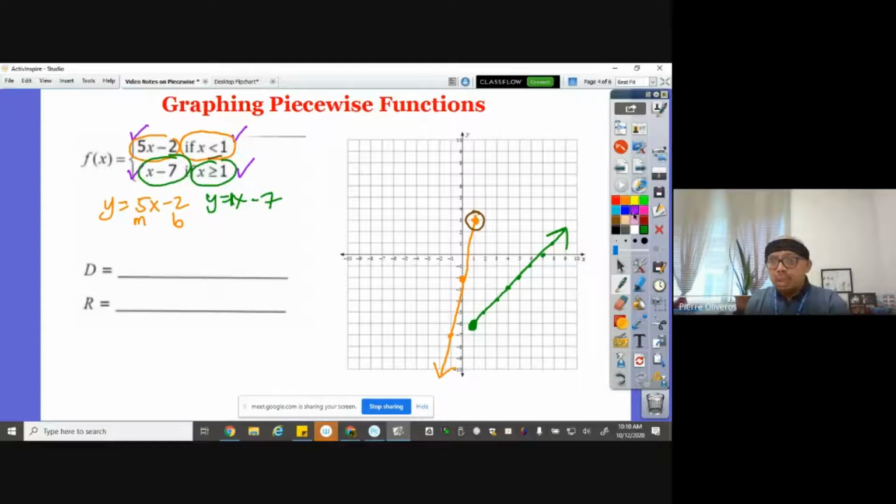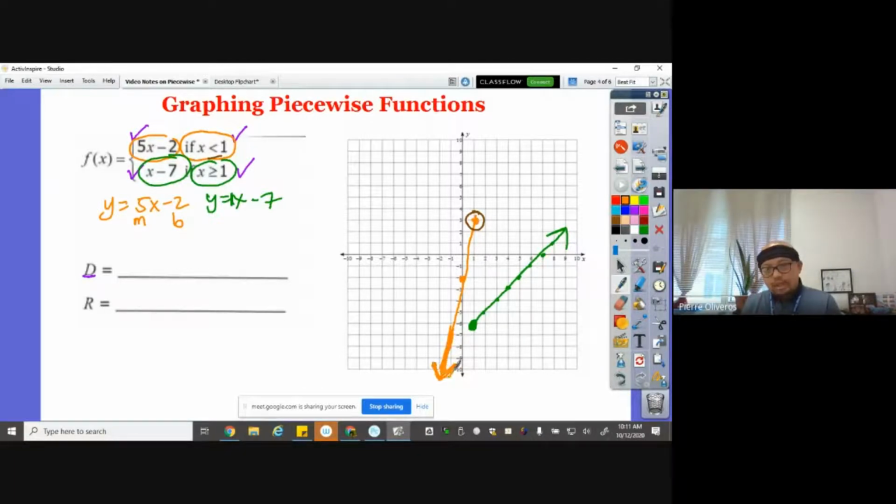Okay, so let's identify the domain and range here. For the domain, remember we look from left to right. This orange graph here, I know it looks like it's going down, but it's really going to the left side. It's tilted.